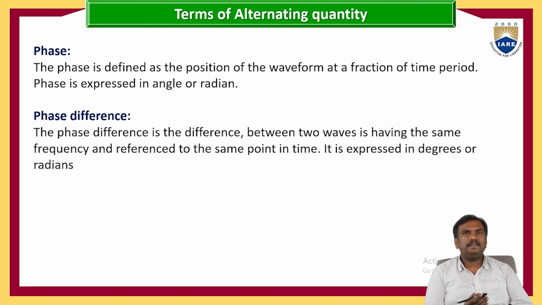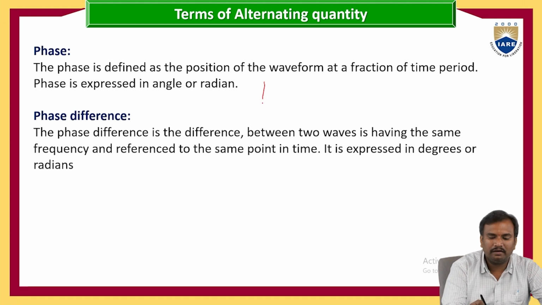So first let us see what is phase. The phase is defined as the position of the waveform at a fraction of time period, where the phase is expressed in an angle or radians. If you take a sine function, that is v of t can be written as Vm sine omega t.